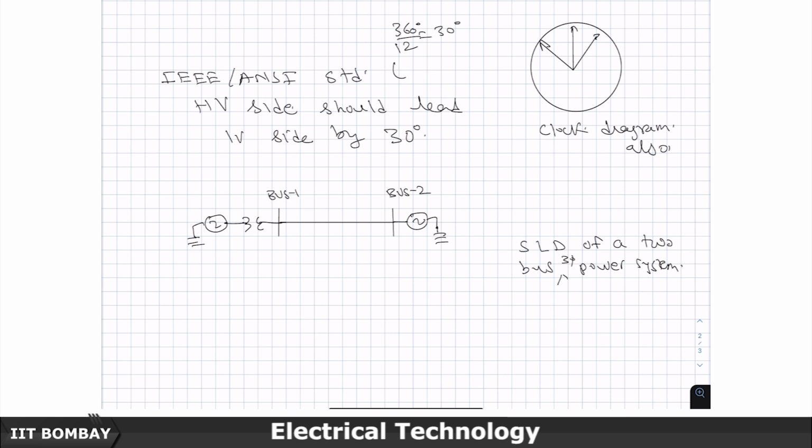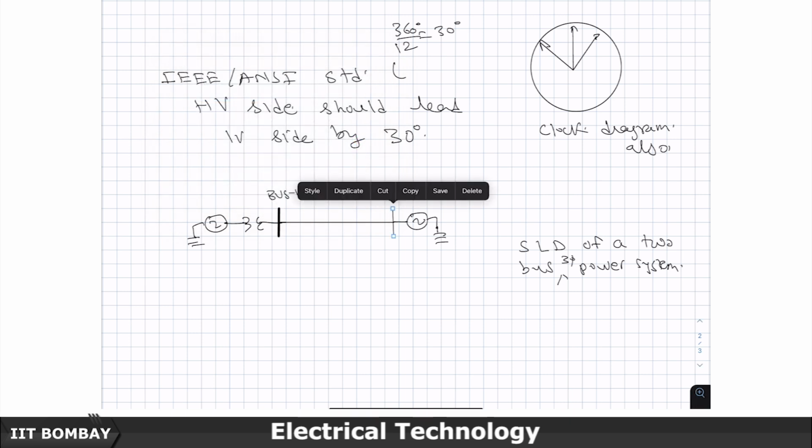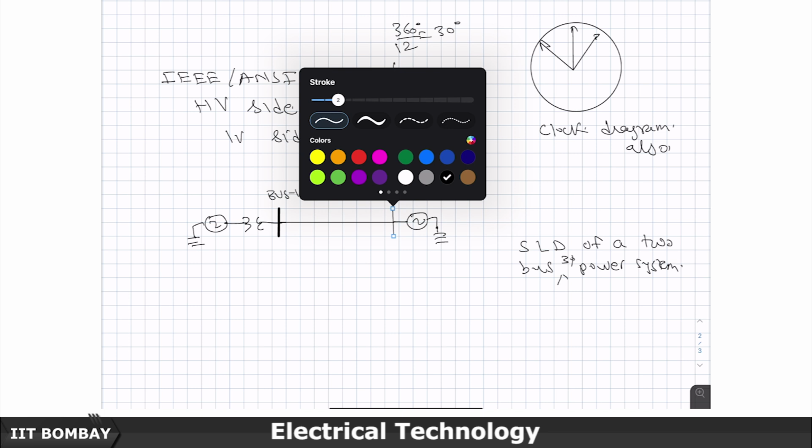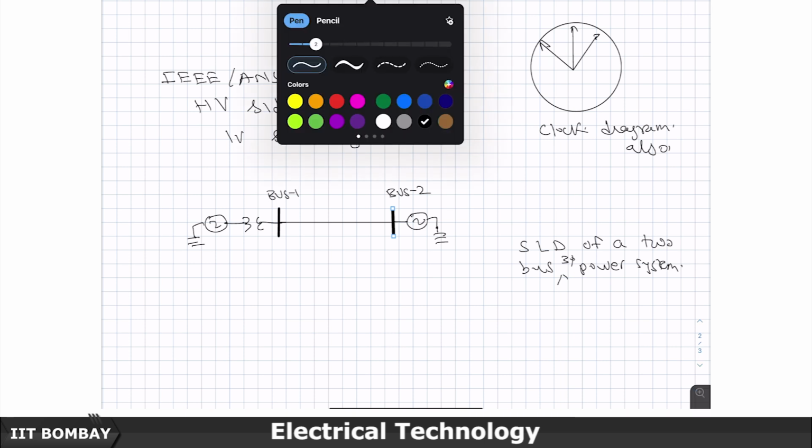So, to show that it is thick, maybe I will thicken it a bit. These are the two buses, and what is interconnected to it?